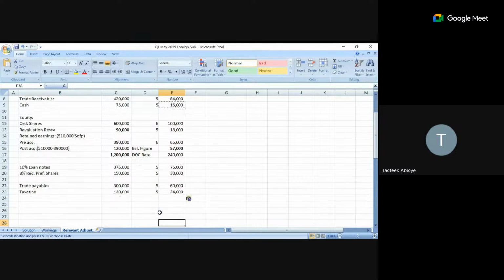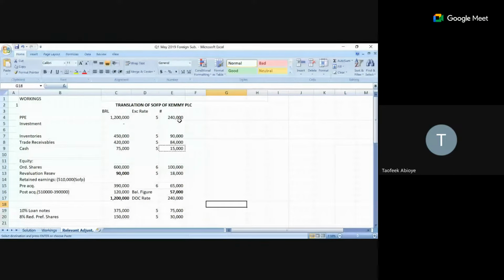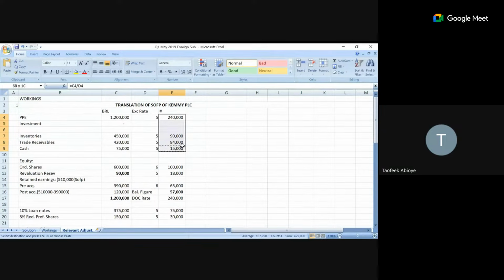So now we have translated Abby. Now let's start our consolidation. When we start our consolidation, let's remember, please don't let us forget, we are not picking BRL again, we are picking Naira.